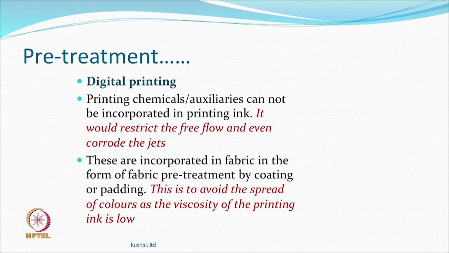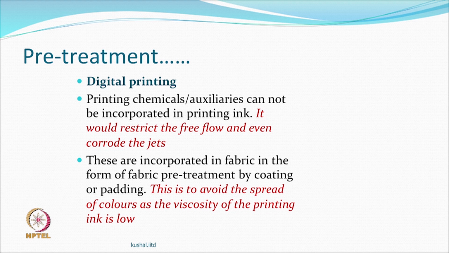In conventional printing you require chemical auxiliaries for fixation: thickener, urea, alkali, acids, defoaming agents. In the print paste it is viscous, but in digital printing, chemical auxiliaries cannot be incorporated in the ink which comes out from the printer head, and therefore you get restricted in what you can print and what you cannot print.